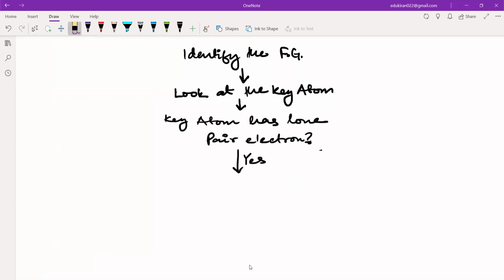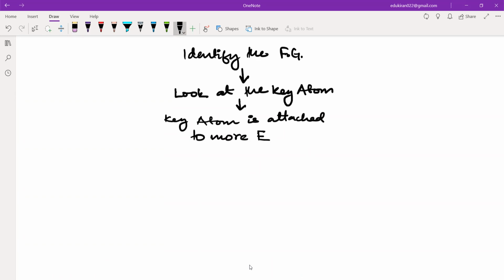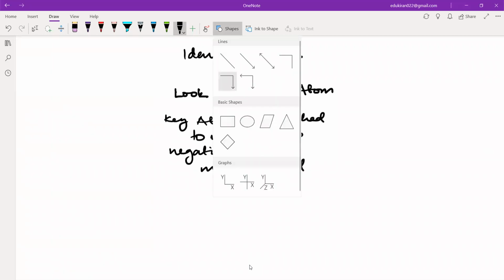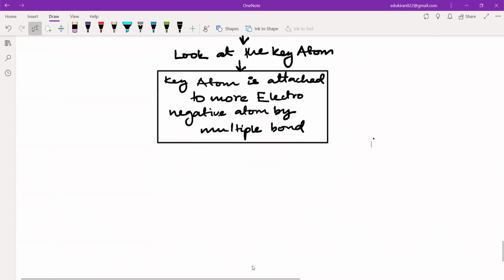First of all, you will say the key atom is attached to a more electronegative atom by a multiple bond. Okay, this is the question that you will ask: is your key atom attached to an electronegative atom by a multiple bond?